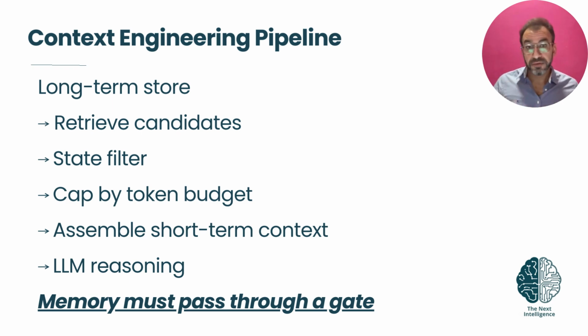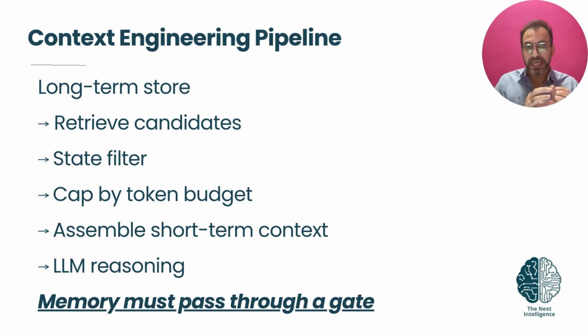And the relevance function in general, and this distillation from the long-term memory to the short-term memory, goes under what we call context engineering. So in the pipeline, we have the long-term memory store, and from it we retrieve our candidates that are potentially relevant, and then we apply the state filter.